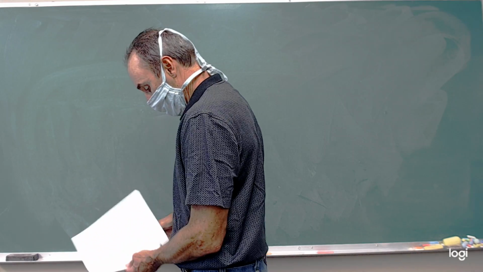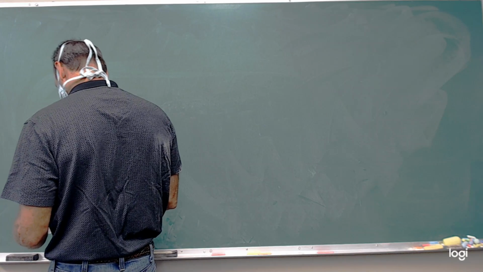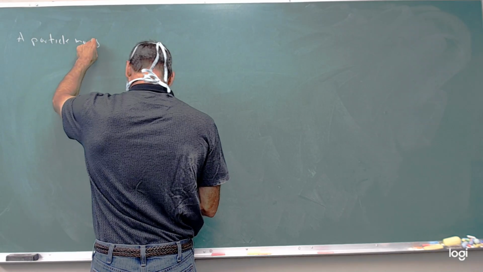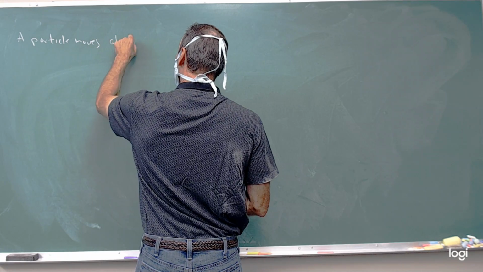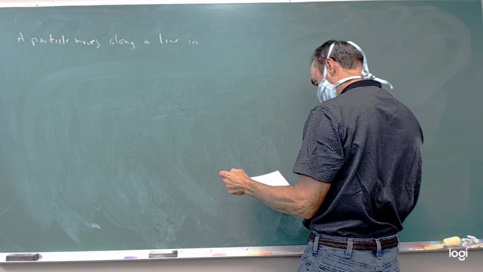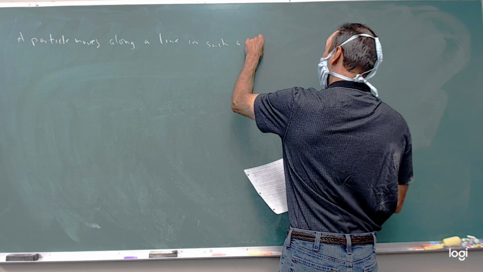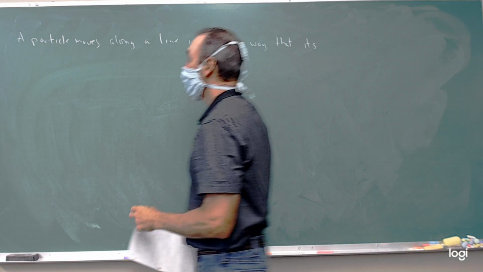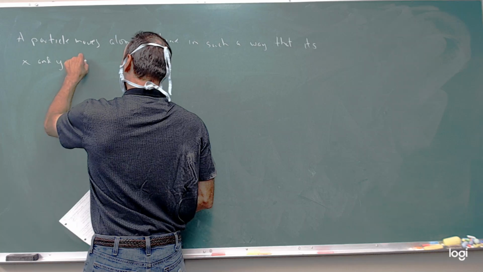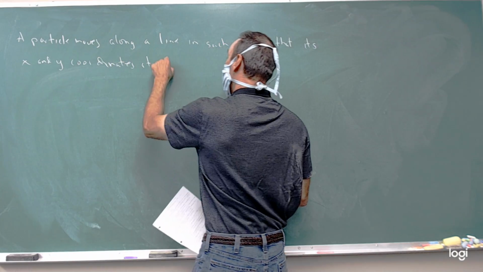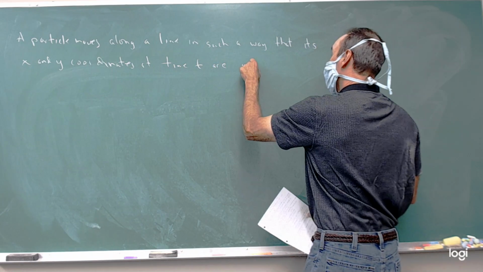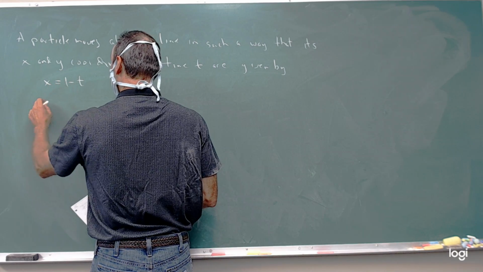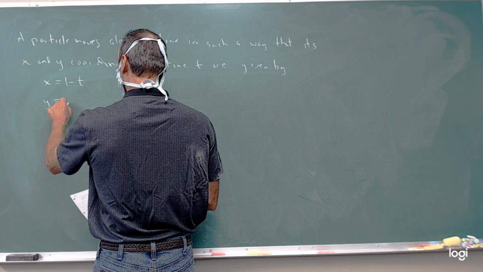So let's say that a particle moves along a line in such a way that its x and y coordinates at time t are given by, and I'm going to give you some parametric equations, x equals 1 minus t, and y is equal to 1 plus 2t.